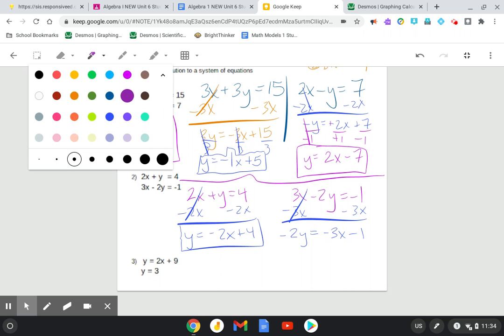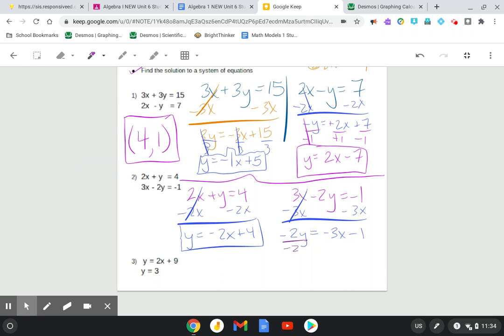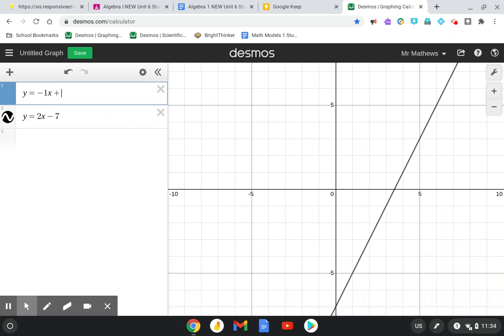Now we're going to divide both sides by negative 2. So that's going to cancel out, giving me y equals, okay, these negatives will cancel, but it'll be 3 over 2x, and then these will cancel as well, plus 1/2. So now we have our two graphs. We go over to our graphing system and we put these in.